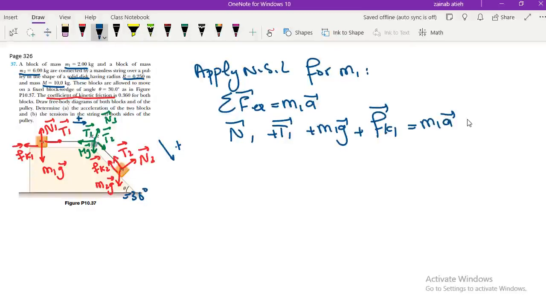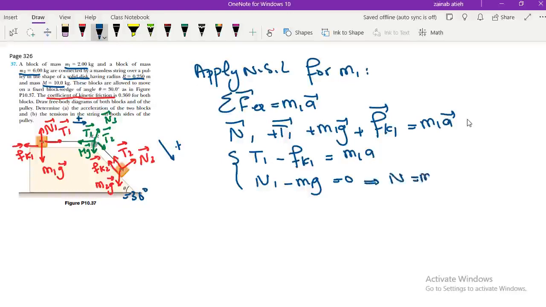Okay, so I will project along the positive sense along X and Y, meaning along the direction of motion and perpendicular to the direction of motion. With the positive sense I have T1 minus FK1, all these on the X axis are equal to M1A. On the Y axis I have N1 and minus M1G, these are equal to 0. Everything along the motion equals ma, everything perpendicular to the motion equals 0. For sure here below it gives me N equals M1G.